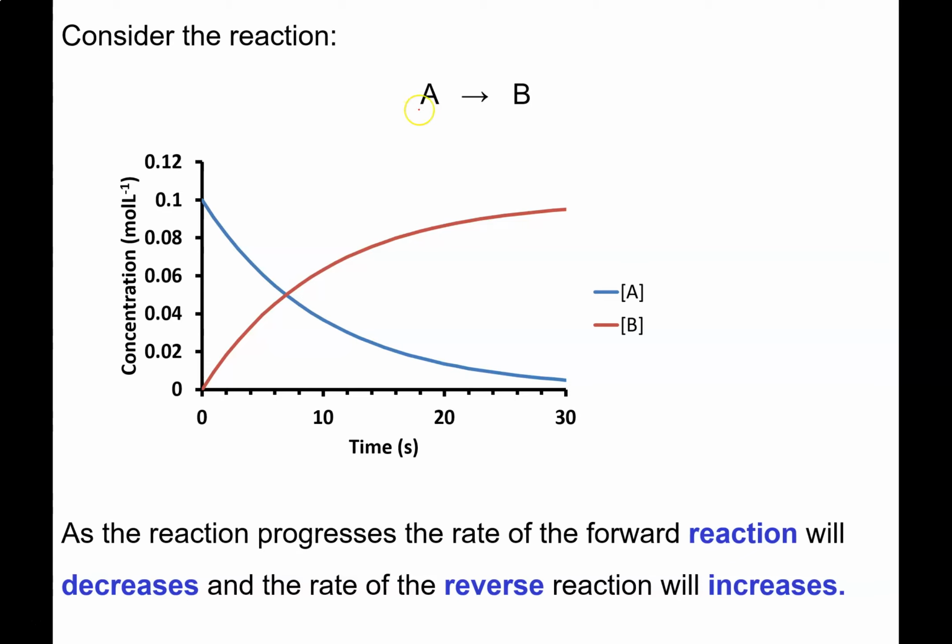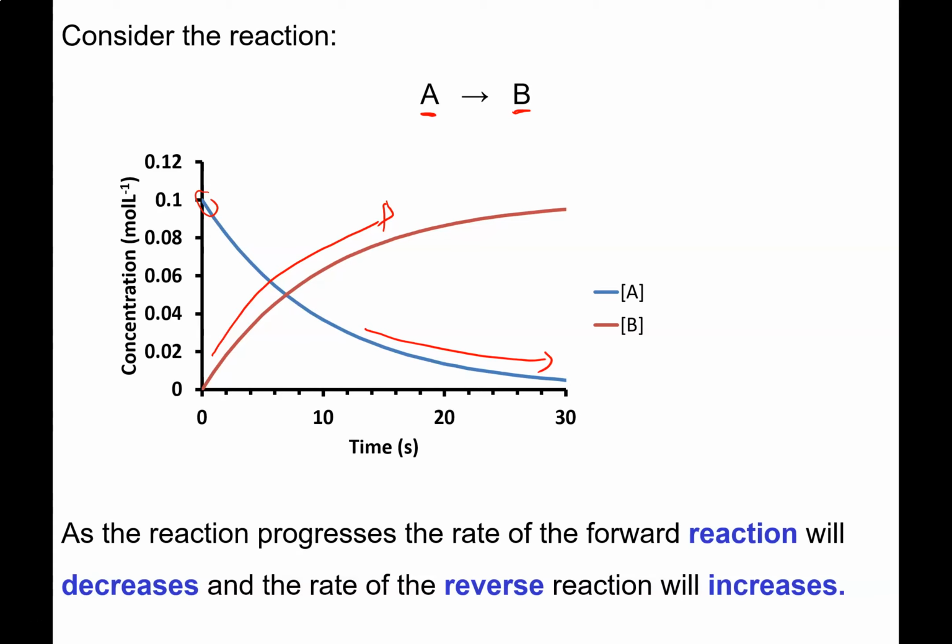So here's a reaction. Again, we've just got reactant A being converted to products B. A is consumed as time goes on and reduces its concentration, and B is produced.